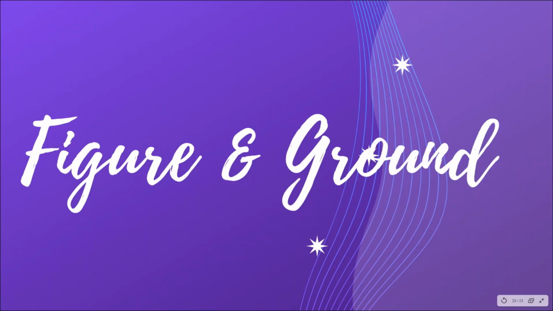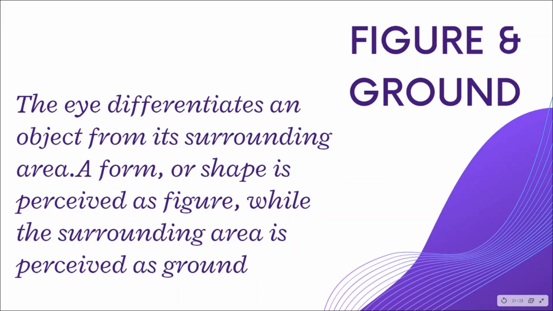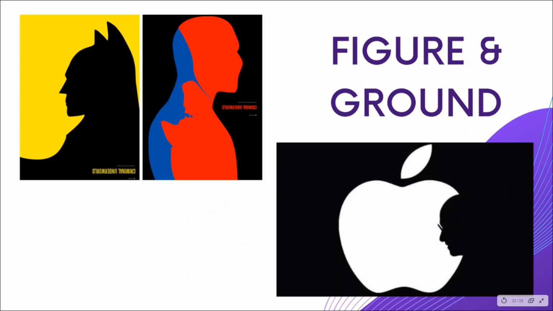So figure and ground, this is most important, as I told you earlier too. The eye differentiates an object from its surrounding area. The former shape is perceived as figure and the other is considered as the surrounding area and is perceived as ground. Let's see with an example. If you see the first figure over here, if you don't know about the pattern, you'll probably see only a yellow and a black color randomly filled over an area.